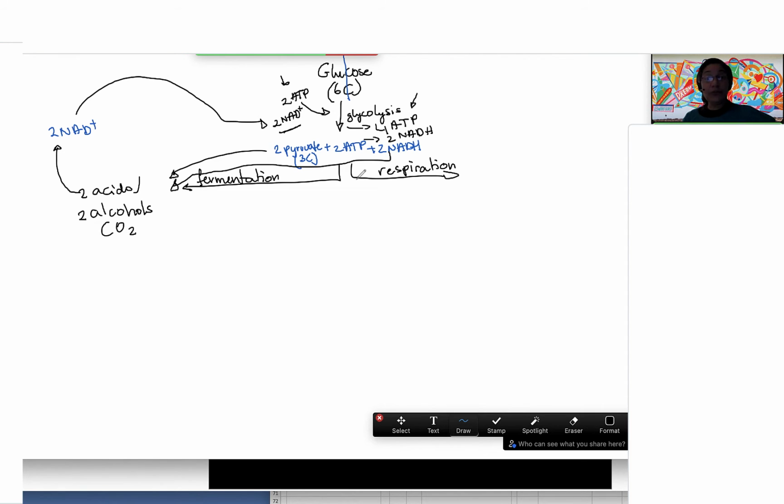So cells that use fermentation, and there are bacteria that only use fermentation for their energy production, the only ATP they generate is out of glycolysis. That's it. Nothing else. For every molecule of glucose, they get 2 ATP, end of story. Okay, so fermentation is easy.